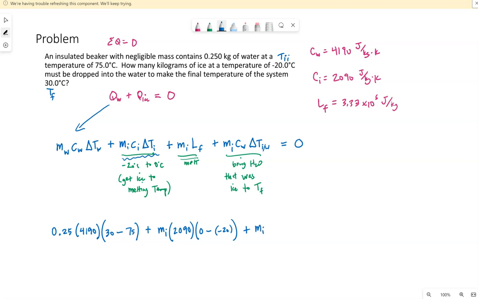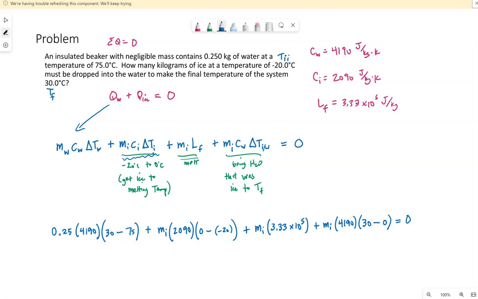Once we're there, as we continue adding energy, we'll now melt it. That's the mass times L sub F. And then once it's melted, as we keep adding energy, it's liquid water now, so we need to use C of water. It's going to end up at this final temperature of 30, having started at 0 in the liquid state.